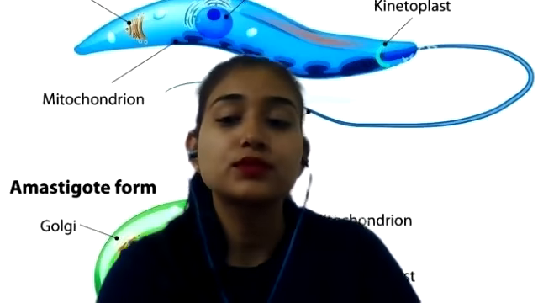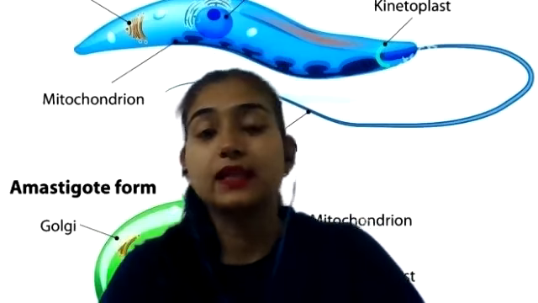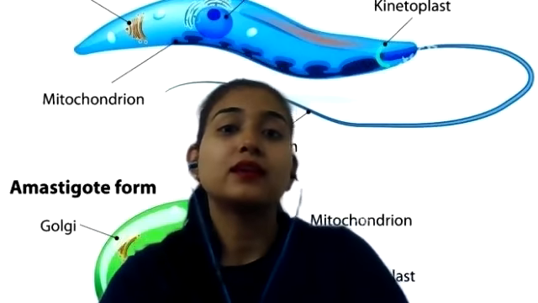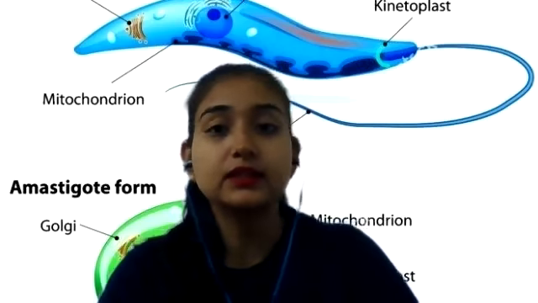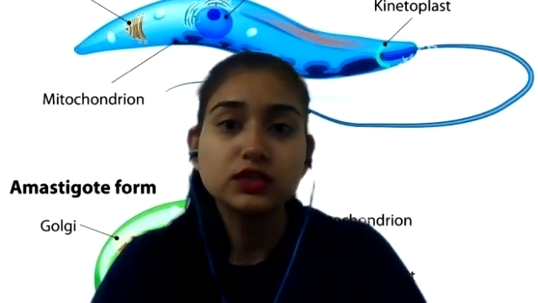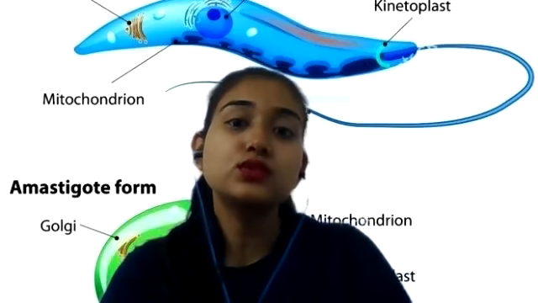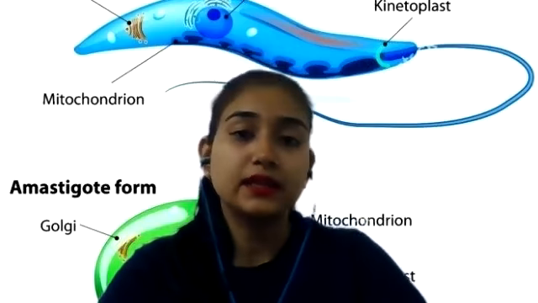Okay, so Leishmania life cycle. Leishmania is a digenetic parasite which needs two hosts to finish its life cycle. These two hosts are named the primary and secondary hosts.